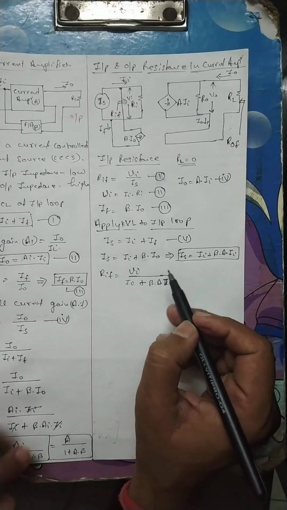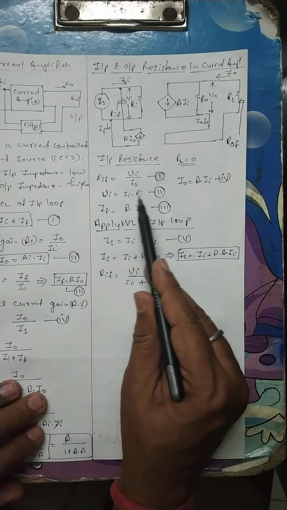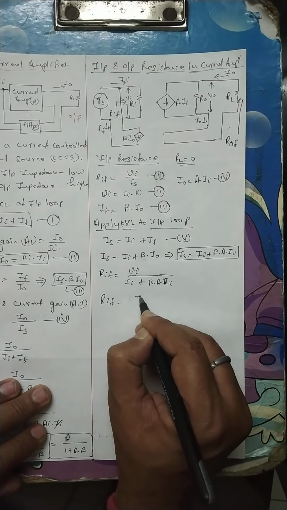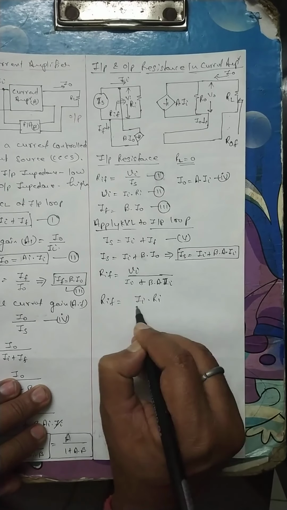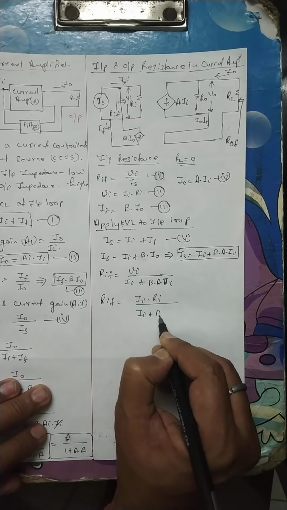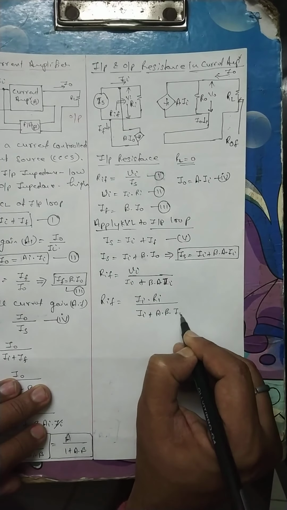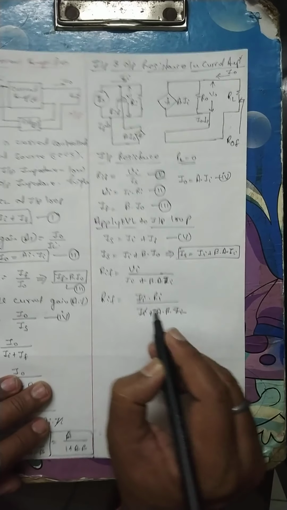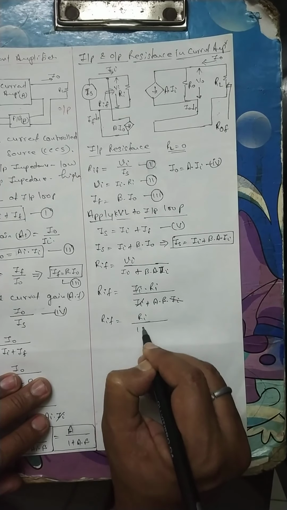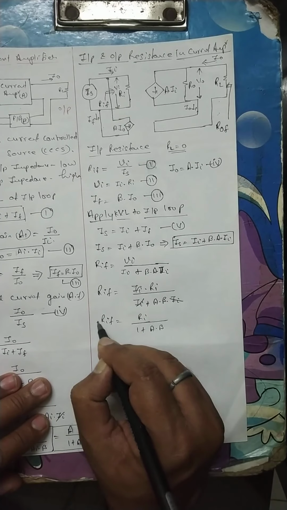Now just see what VI is. VI is equal to II into RI. So RIF is equal to II into RI upon II plus A into beta into II. Cancel out these terms. So RIF is equal to RI upon 1 plus A into beta.